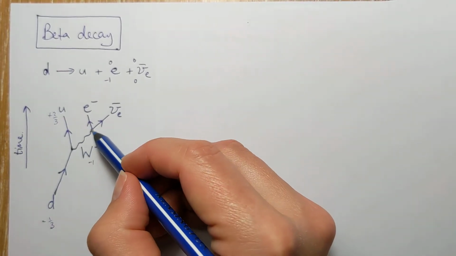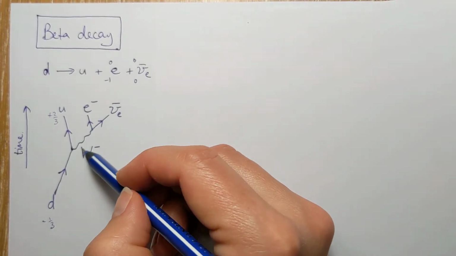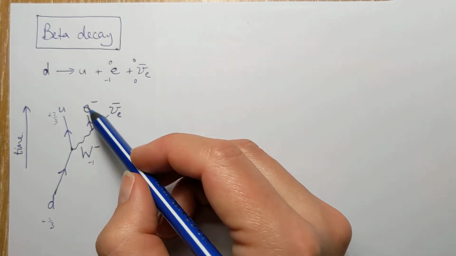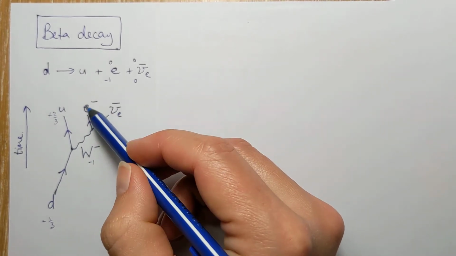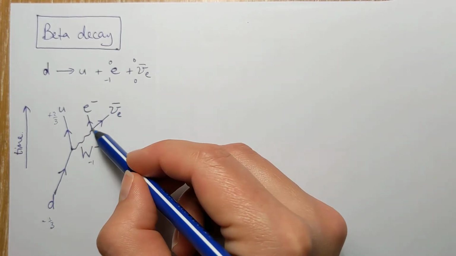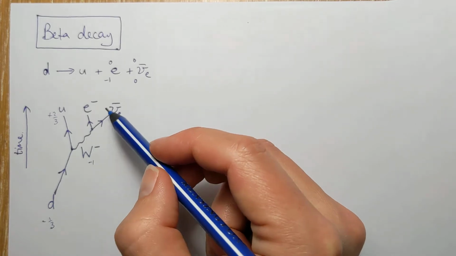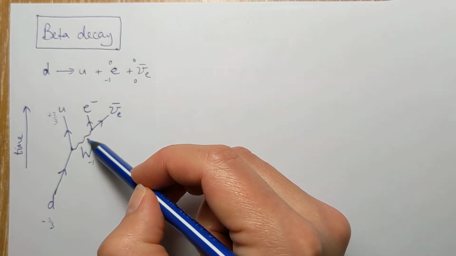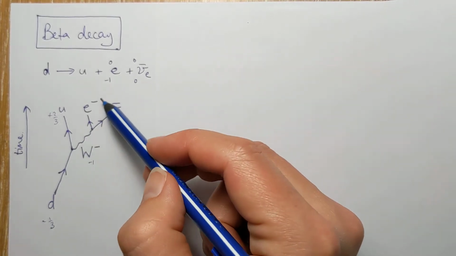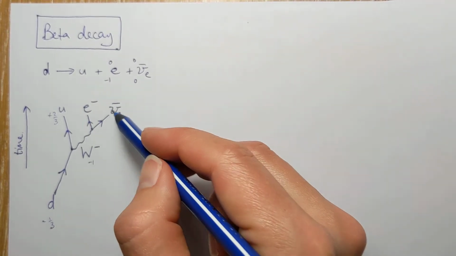Okay, and then the W- boson decays. They're very short-lived, these W bosons. So then it decays into an electron and an antineutrino. And again, that interaction there obeys all the conservation rules. We've got no leptons before, and then afterwards we've got 1 and -1, so a total of none again.